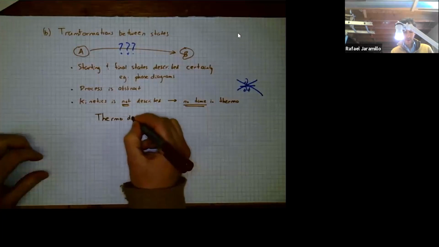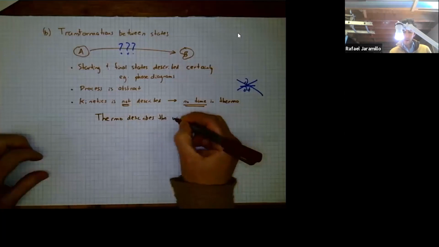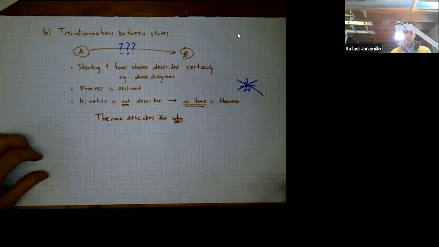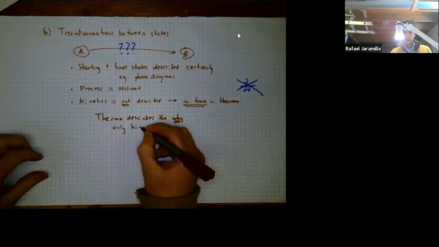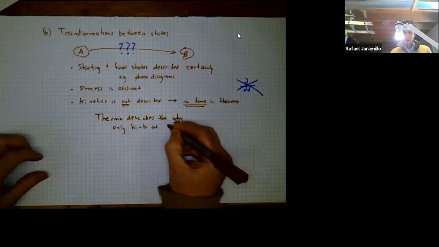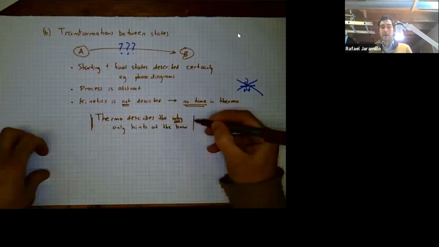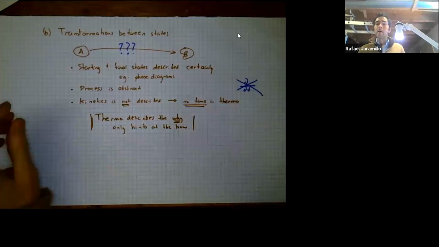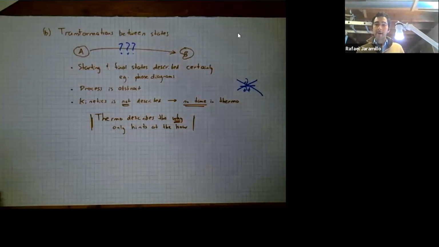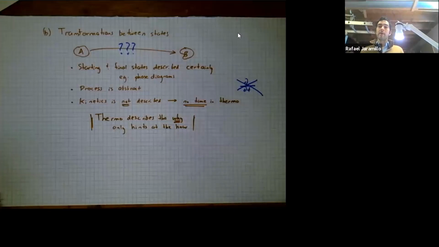This is one way to think about it. Thermo describes the why and only hints at the how. I find this an interesting way to remember what thermo does and what it doesn't. So for instance, when we ruptured the hot pack or the cold pack, we could understand those spontaneous reactions.